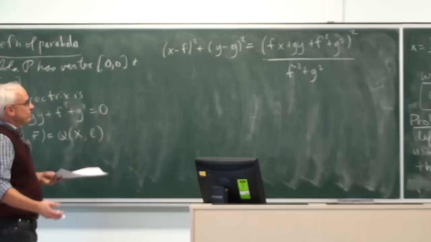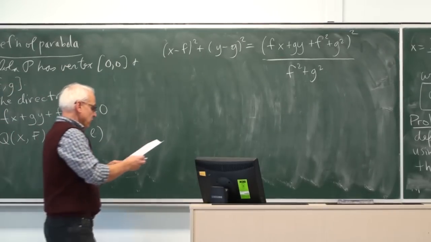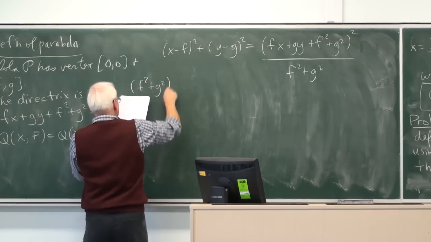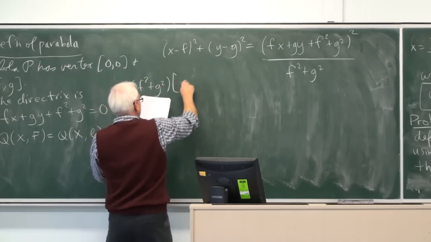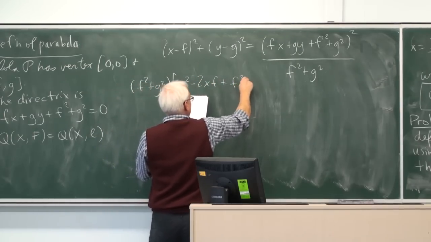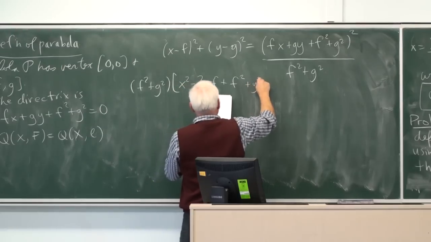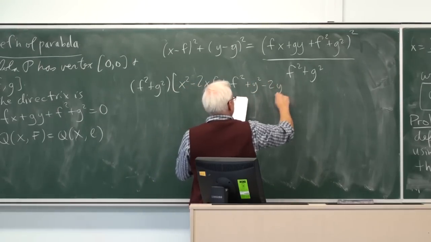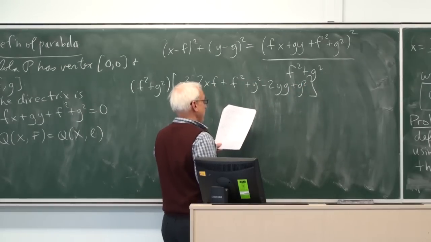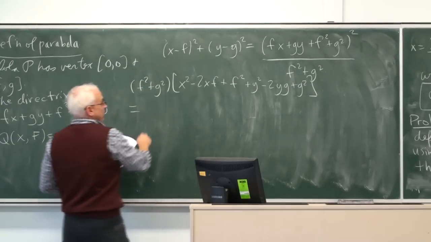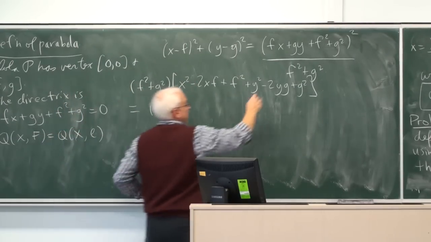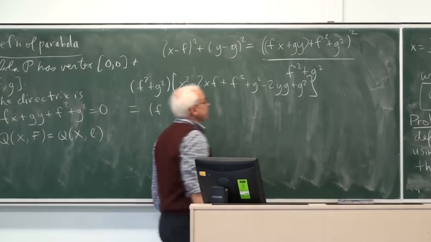Okay, we have to now see what this equation looks like. So let's multiply it out. F squared plus g squared times x squared minus 2xf plus f squared plus y squared minus 2yg plus g squared. And on the other side, when we square the top, I'll think of it like two terms.